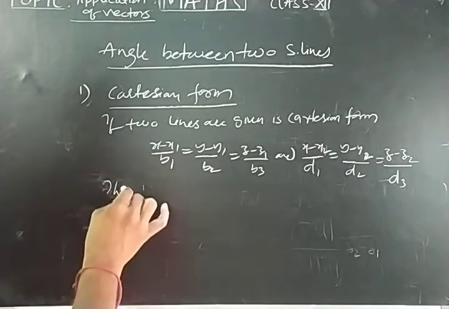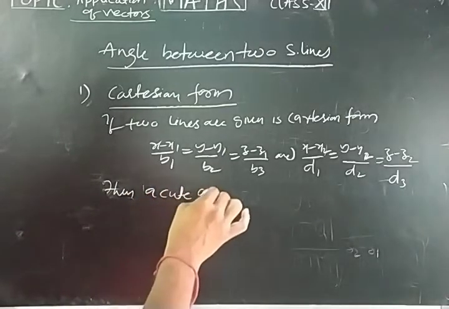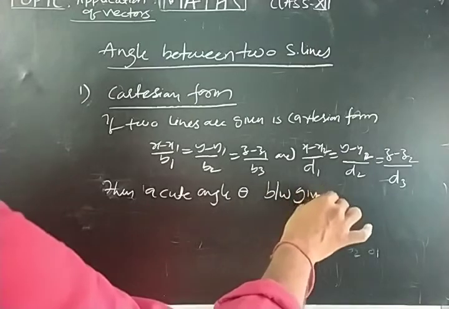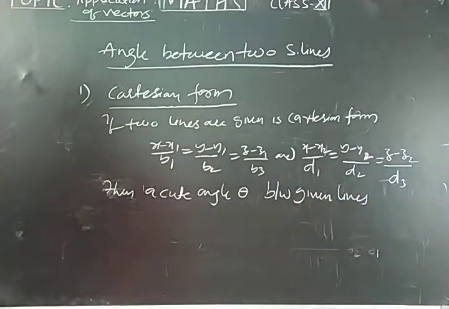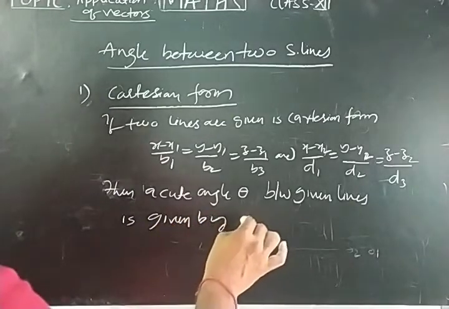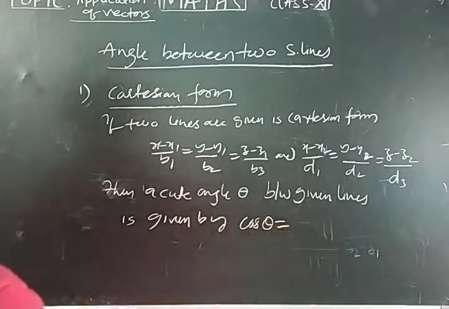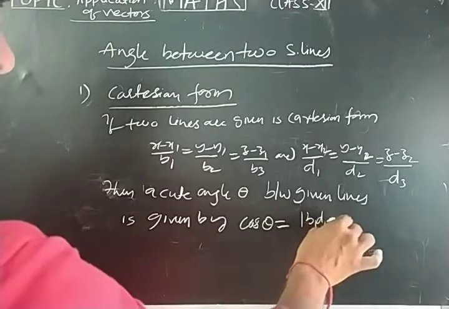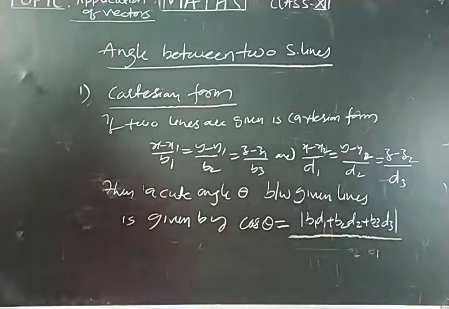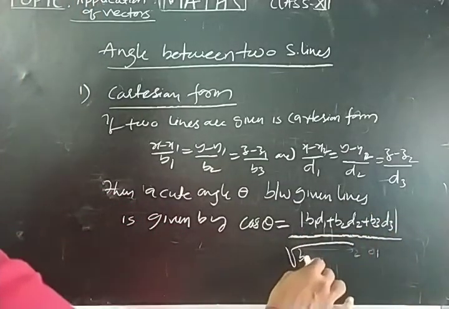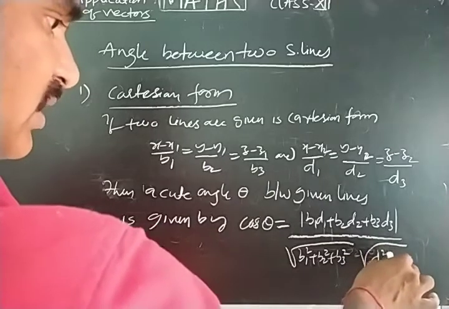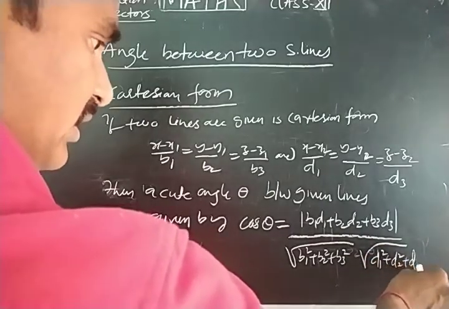Then the acute angle theta between the given lines is given by this formula: cos theta equals modulus of (b1 d1 plus b2 d2 plus b3 d3) by square root of (b1 square plus b2 square plus b3 square) into square root of (d1 square plus d2 square plus d3 square).